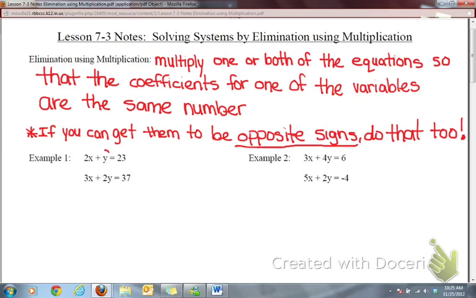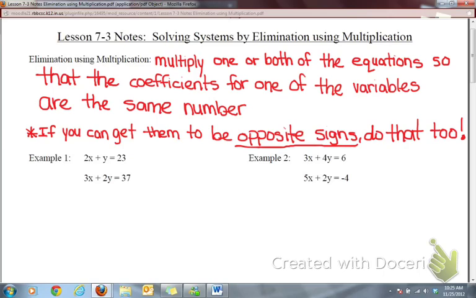But look at the y's. You have a 1y here, and you have a 2y there. I can get the first equation to be a 2y if I just multiply it all by 2. Better yet, I can get it to be negative 2y by multiplying it by negative 2.